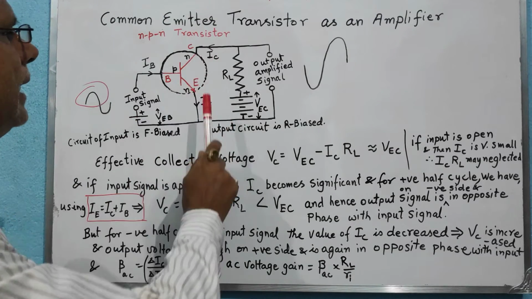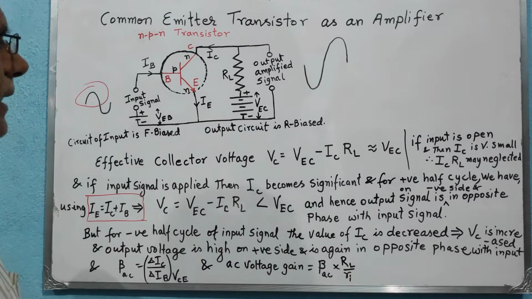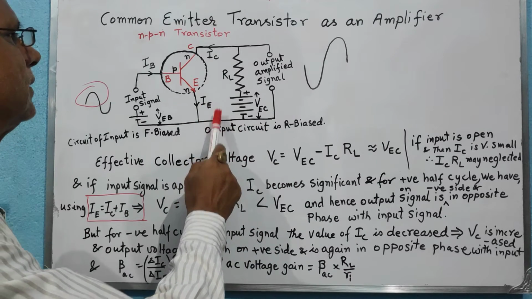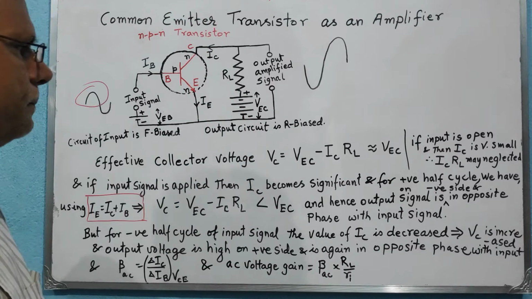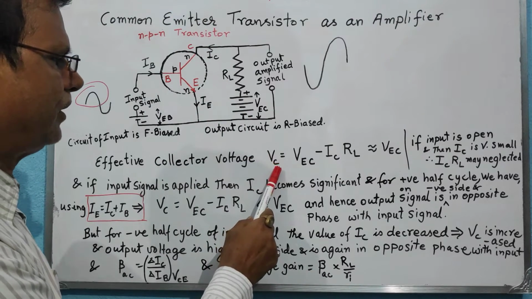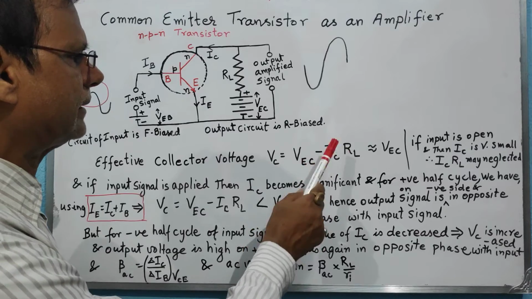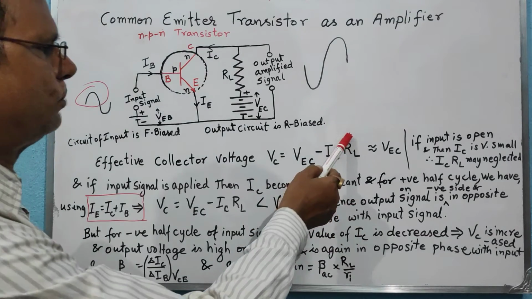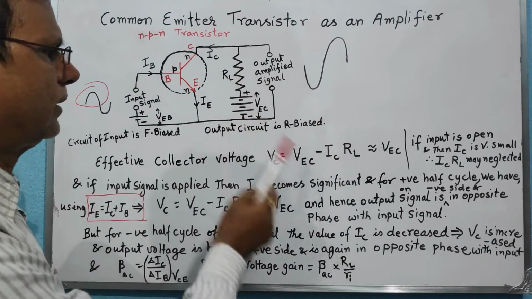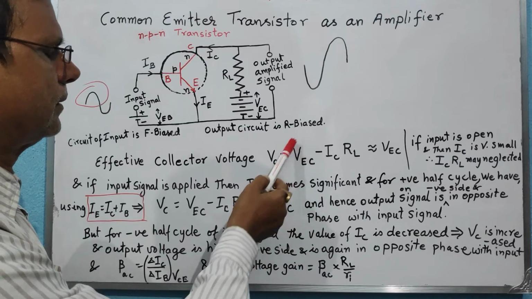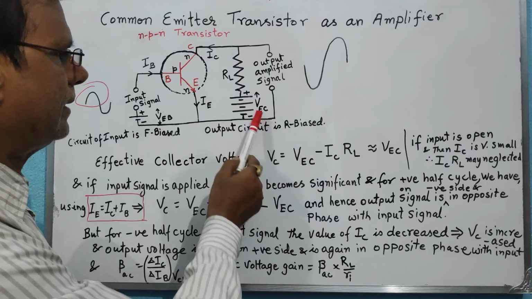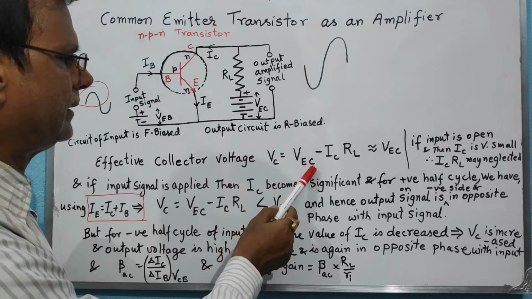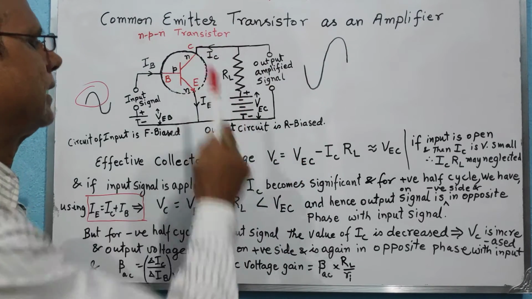collector current becomes high, and as the collector current becomes high, the potential at the collector will be given by the relation VC is equal to EC minus ICRL. This is the potential drop across the load, and that will be the deduction from the applied reverse bias voltage EC which is able to reach the collector.